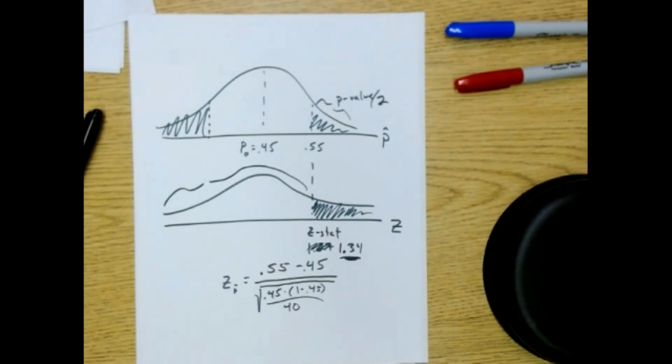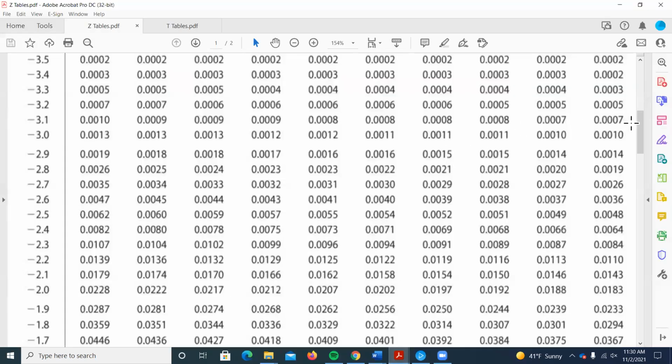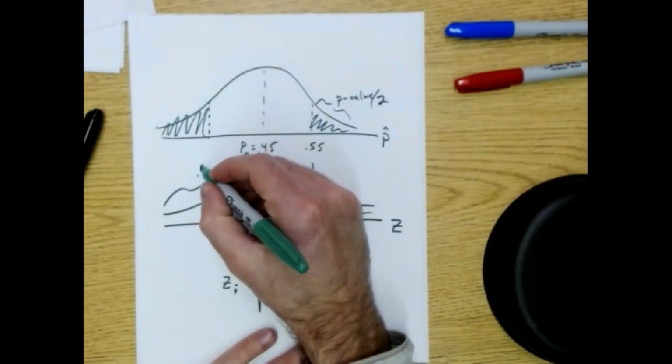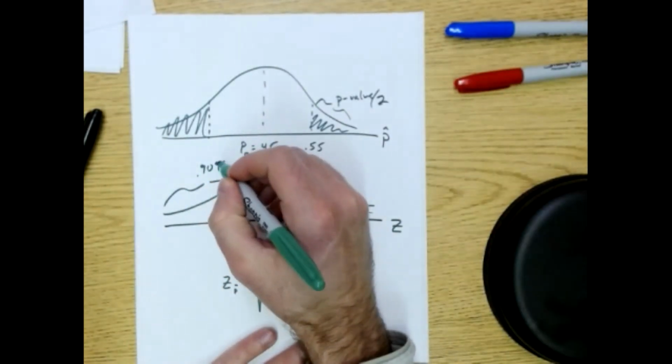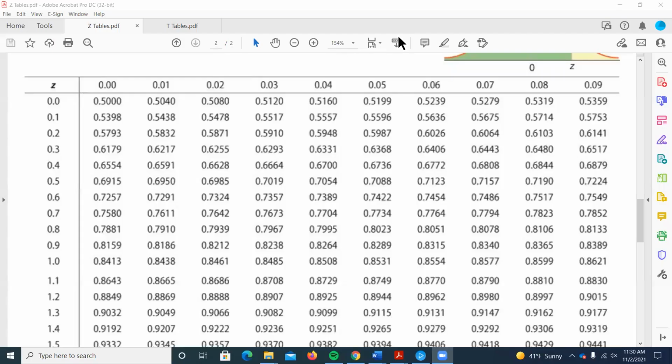The table will tell me the area to the left. Remember, it's a proportion example, so it should be a standard normal distribution. So 1.34 gives 0.9099.